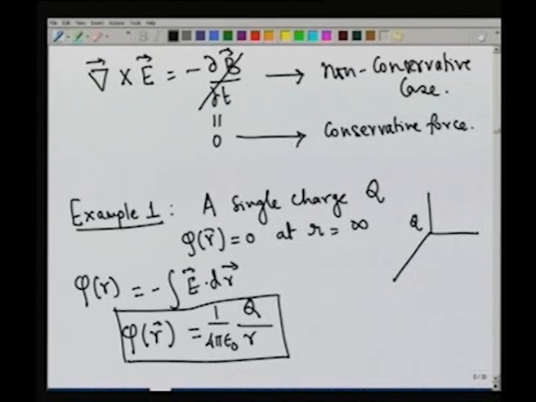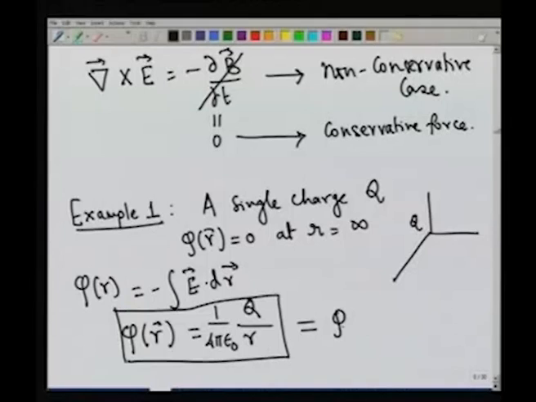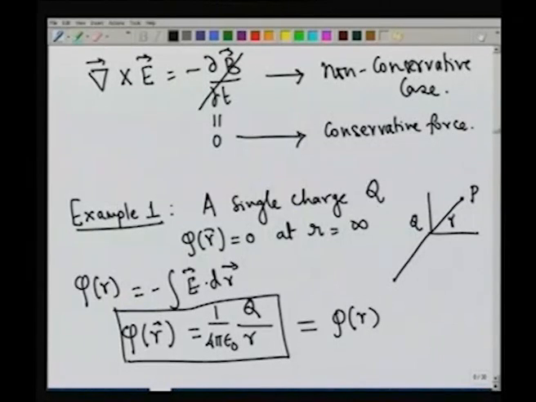It is only a formal thing that I have written it as a vector. Actually, my phi is independent of the angle. It is a function only of the distance of the point P from the origin, from the location of the charge. In particular, if I were to move on the surface of a sphere of radius r, what would happen?